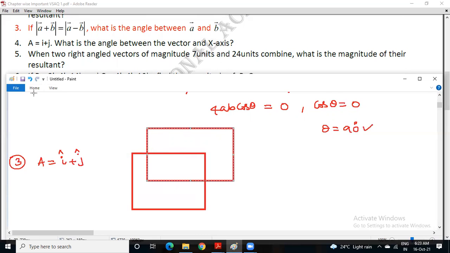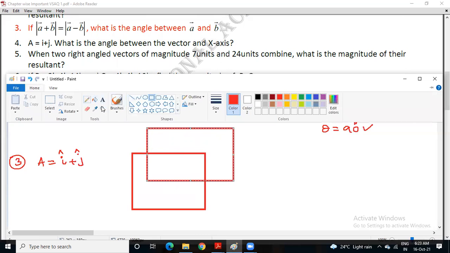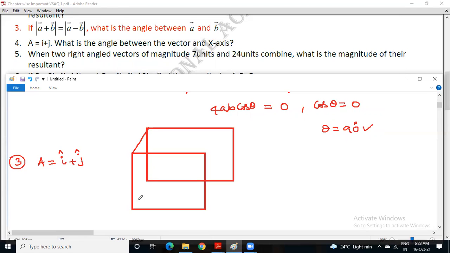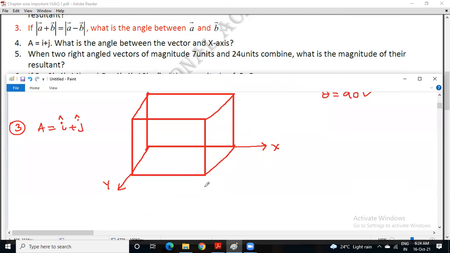There will be the xy plane, the yz plane, and the xz plane. Suppose you fix your mind that this is the z axis, so this will be the y axis. Enlarge your eyes, it will be like a room. So this is the xy plane. If you want to compare with the room, you can call it flooring. So this is the xy plane.